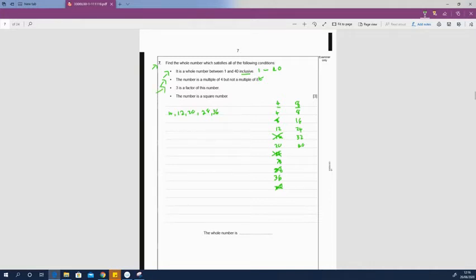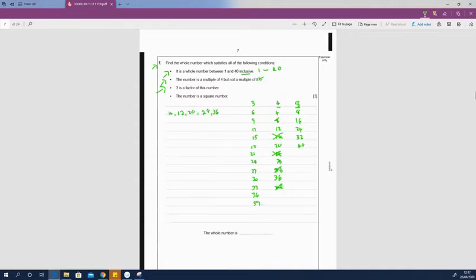The next clue is that 3 is a factor of this number. That means 3 can go into this number with no remainder. So I'm just going to look at the 3 times tables. 3, 6, 9, 12, 15, 18, 21, 24, 27, 30, 33, 36 and 39.